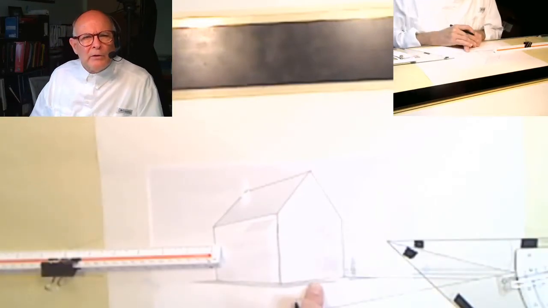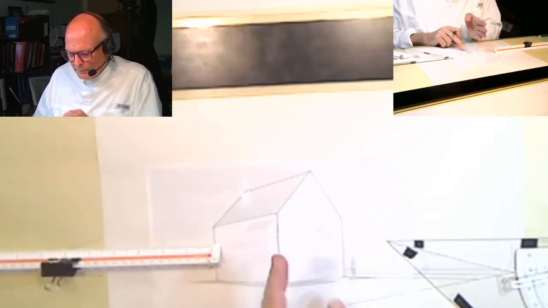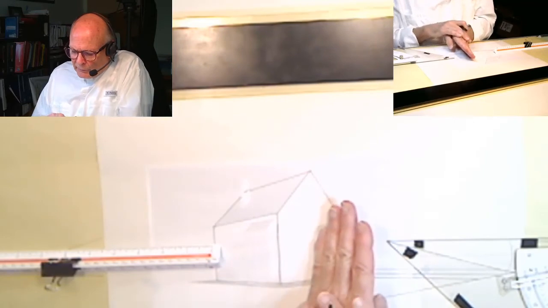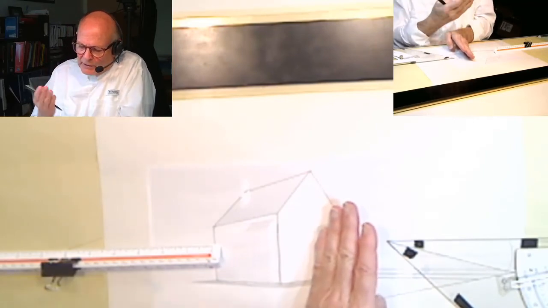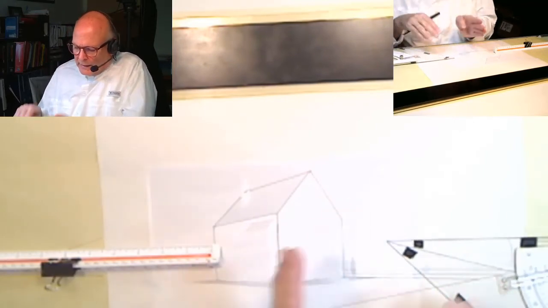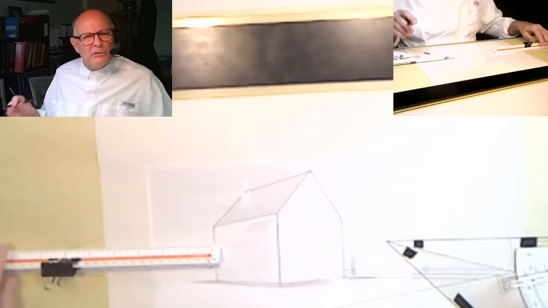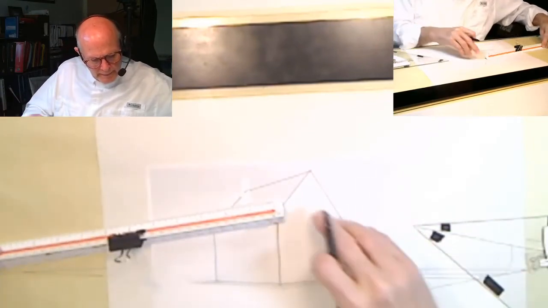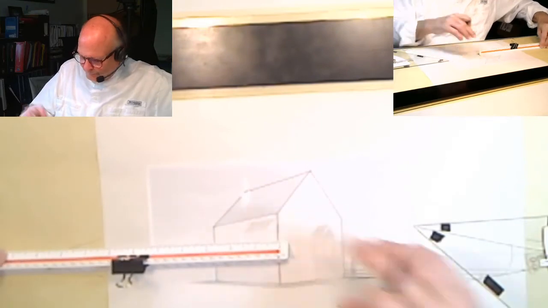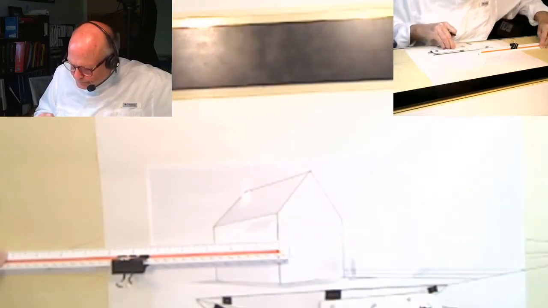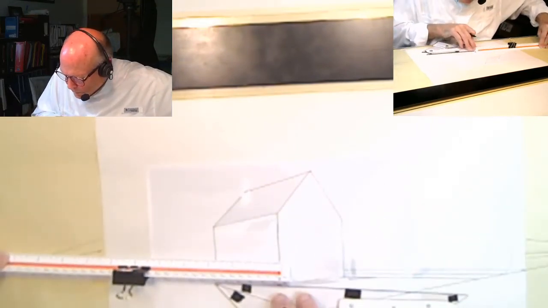Now, because this side faces left, it's going to project to the left side, and so its backside is going to do the same thing. You'll see that in just a minute. Okay, so we line it up with the base of the porch.